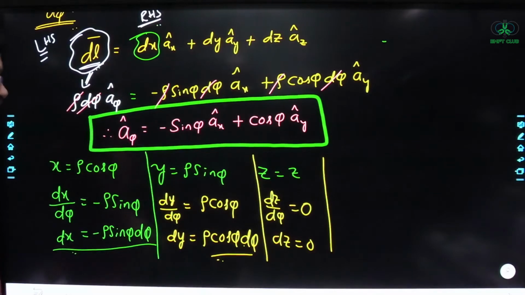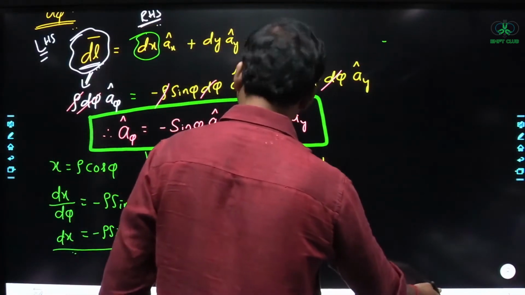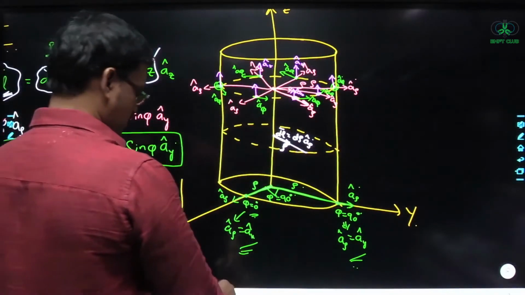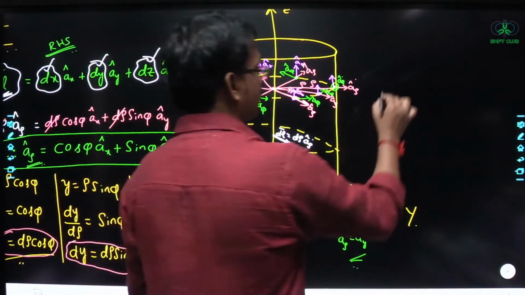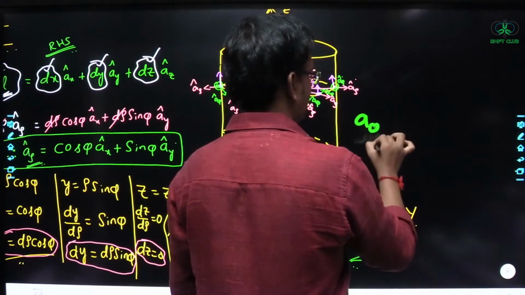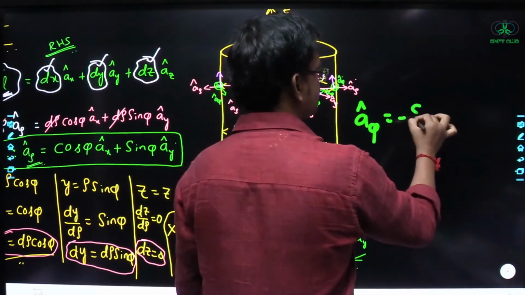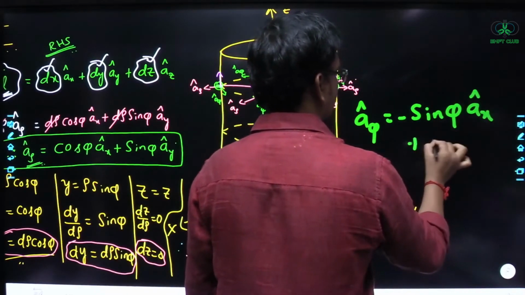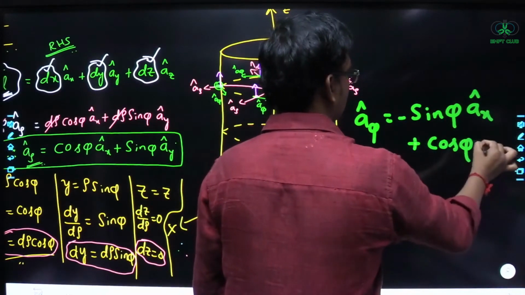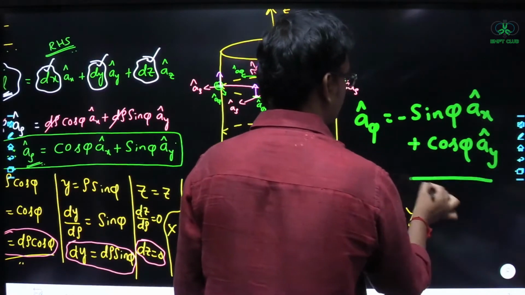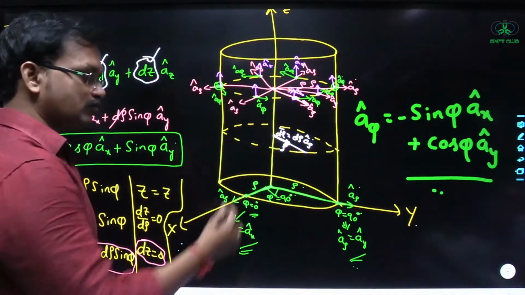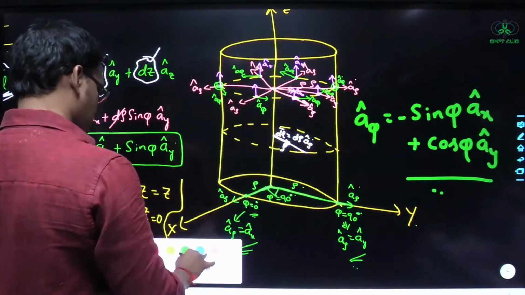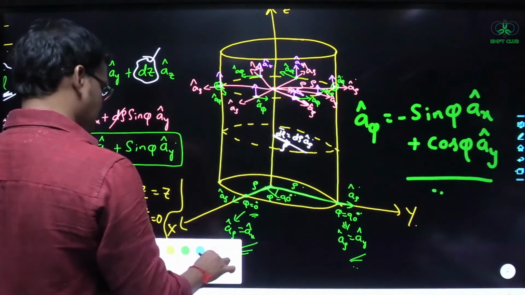Understood? So now see here, we got a phi cap is equal to minus sin phi a x cap plus cos phi a y cap. Now we can check whether our expression is correct or wrong.